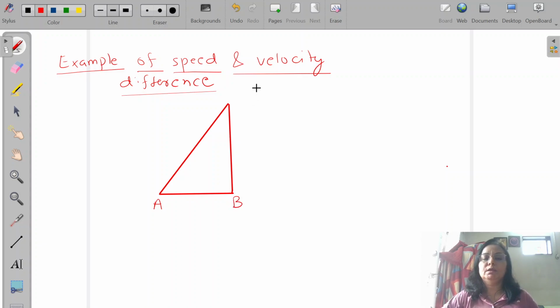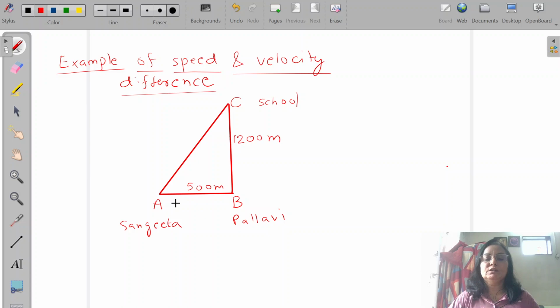Now this is Sangeeta's house A, this is Pallavi's house B, this is school C. Now Sangeeta travels a distance of 500 meter and reaches to Pallavi's house. Then she covers a distance of 1200 meter and reaches to school.